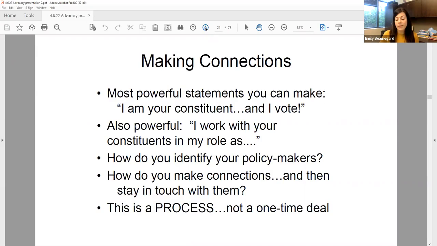And then, policymakers, of course, like I said, aren't just elected to office. Many are appointed to positions in the executive branch. That includes the cabinet secretaries, commissioners of departments like Medicaid, community-based services, insurance, and other officials who are there to create and enact the regulatory side of policies.